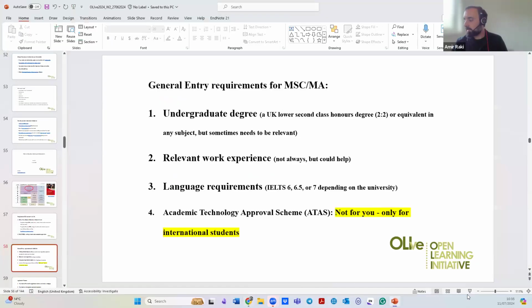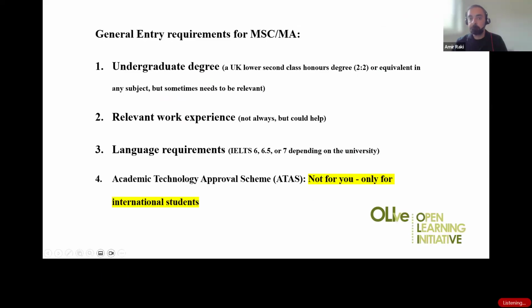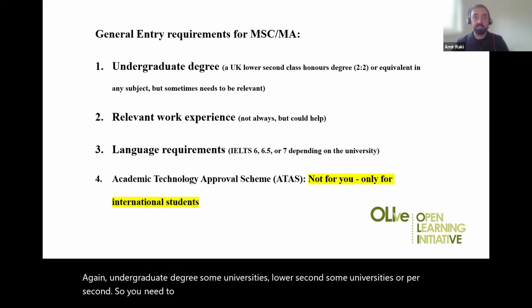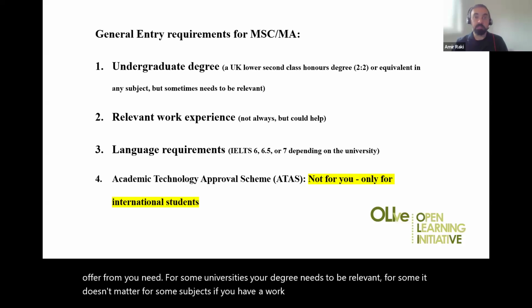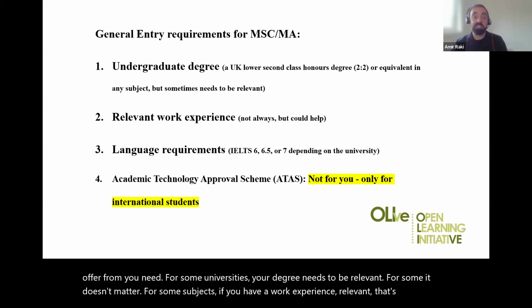Back to my slide. Again, undergraduate degree: some universities require a lower second, some an upper second. So you need to check with the university which one is more likely for you to have an offer from. For some universities, your degree needs to be relevant. For some, it doesn't matter. For some subjects, if you have relevant work experience, that's very helpful. It's not necessary.